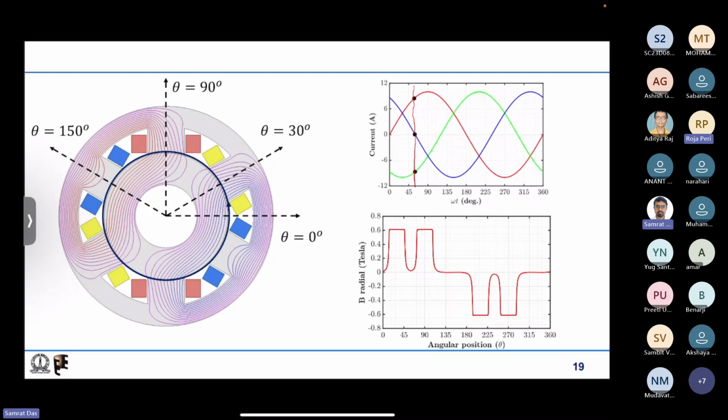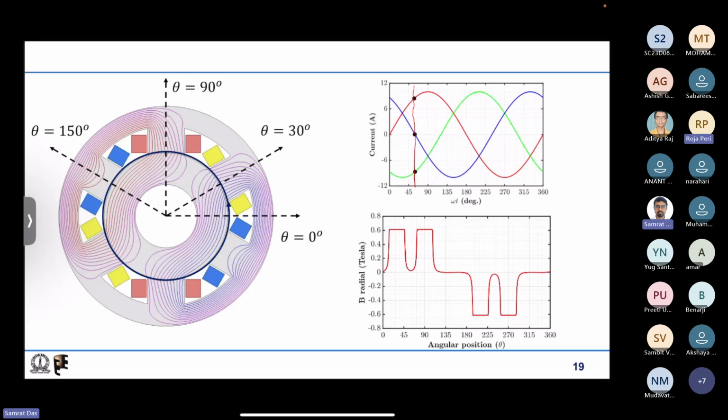Then we would not have this rotating magnetic field. We may have some pulsation, but we will not see a magnetic field rotating at constant velocity omega.